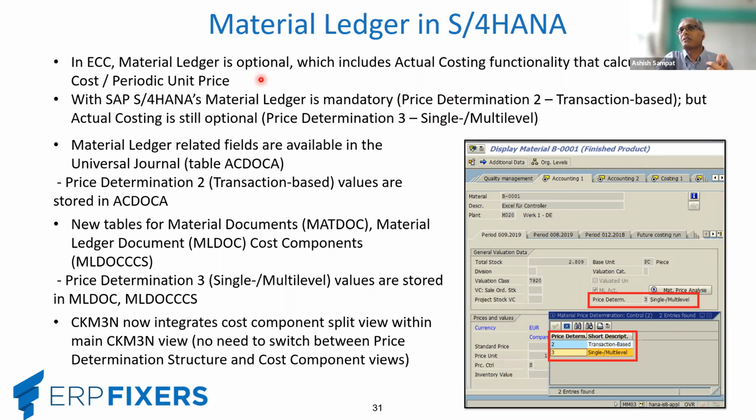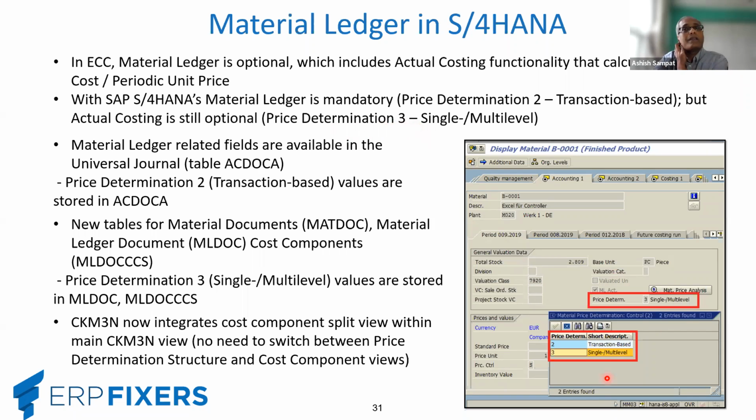But with S4 HANA, material ledger is mandatory, but I have to highlight that it's only the price determination 2, which is the transaction based, which is mandatory, not the price determination 3. So if you were not using actual costing earlier and you don't want to use actual costing now in S4 HANA, that is an option. Unless you have a business requirement, there is no need to activate price determination 3.